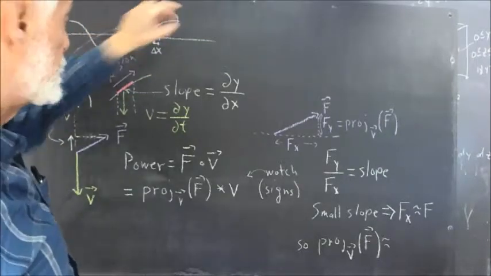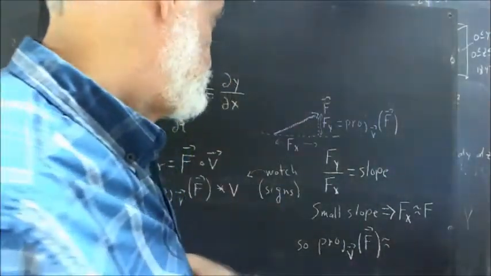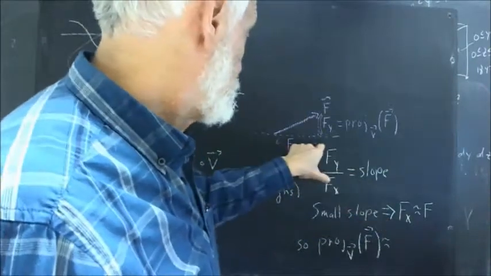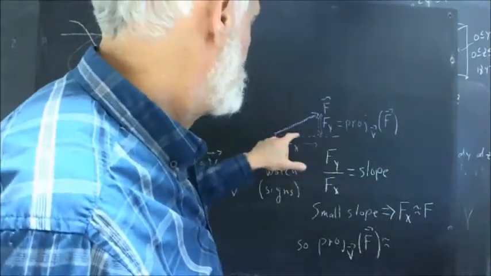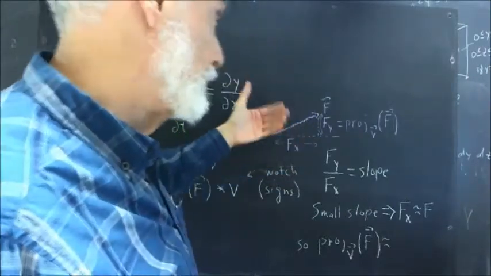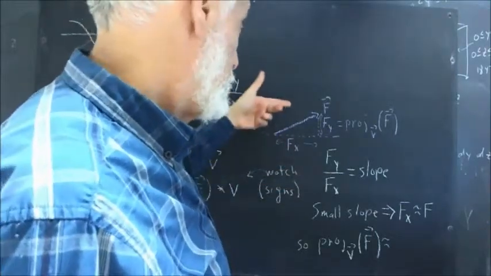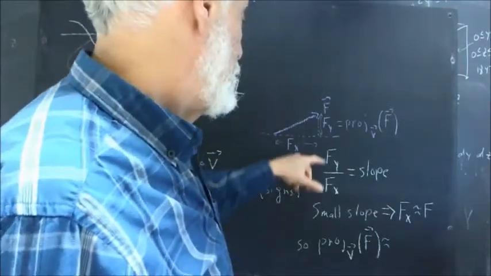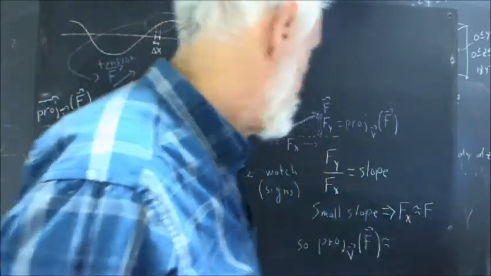They're not nearly as big as we've depicted them. For small slopes, we know that Fx is going to be about equal to F, in other words, Fx being F times the cosine of this angle. If this is a small angle, the cosine is very close to 1, so that Fx is practically equal to the hypotenuse here. Fy over Fx is the slope. Small slope, Fx is approximately equal to F.